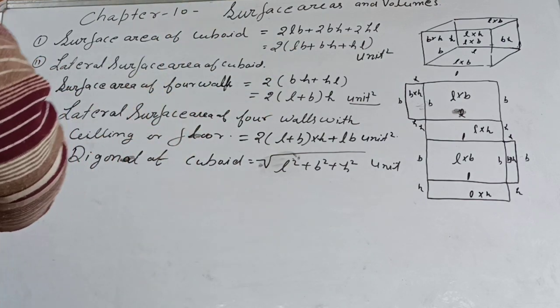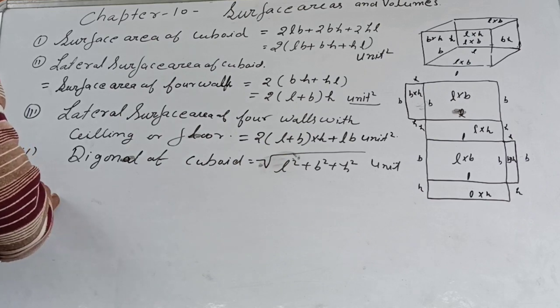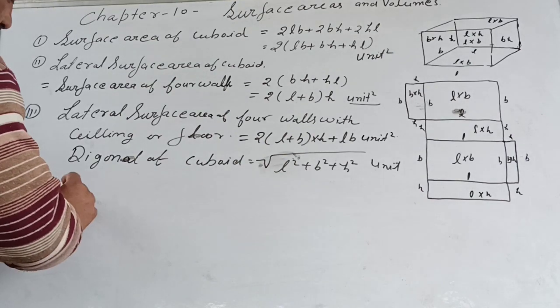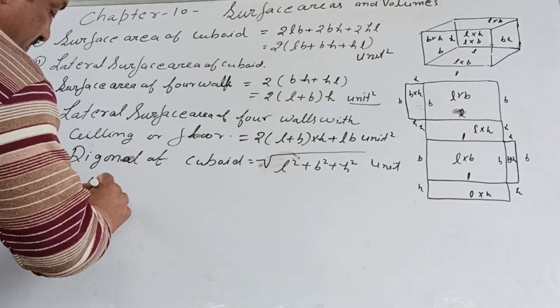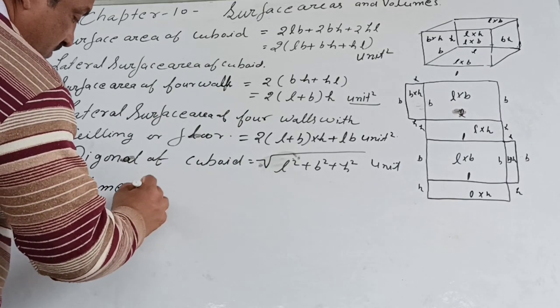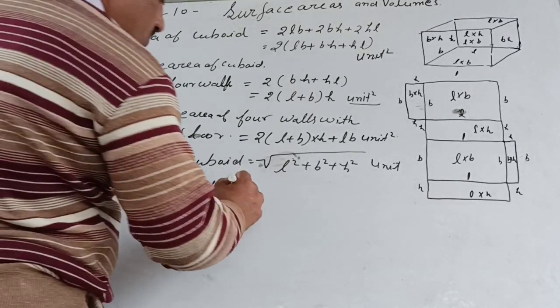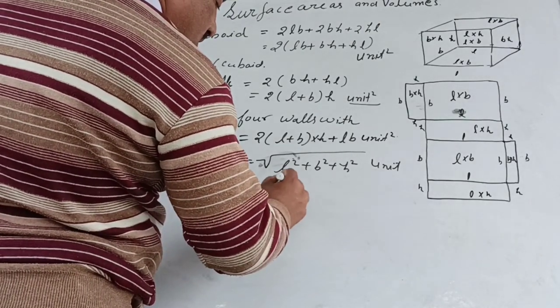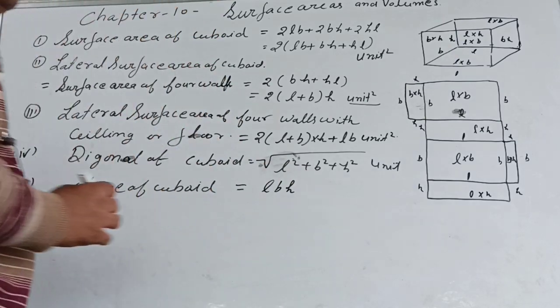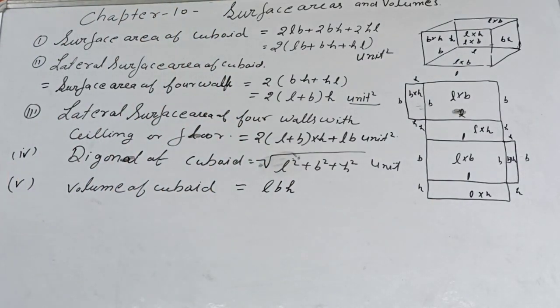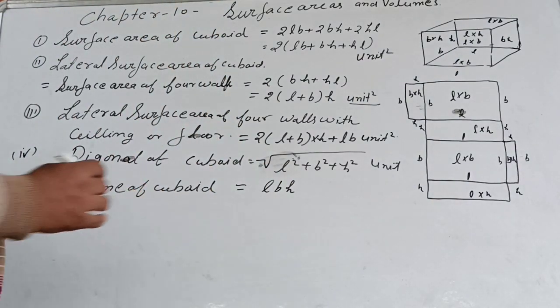And volume of cuboid. This is the fifth formula. Volume of cuboid is equal to L into B into H, length into breadth into height. This is the volume of a cuboid. Unit cube.